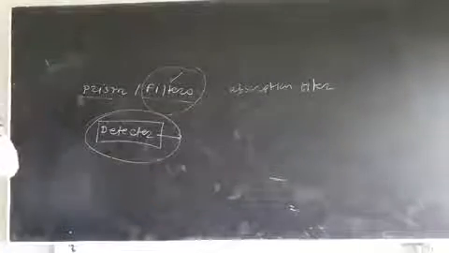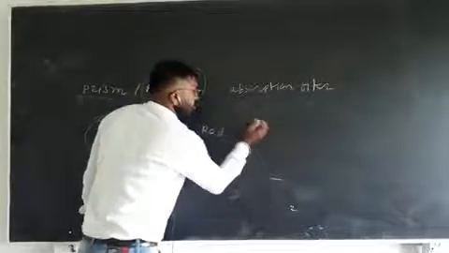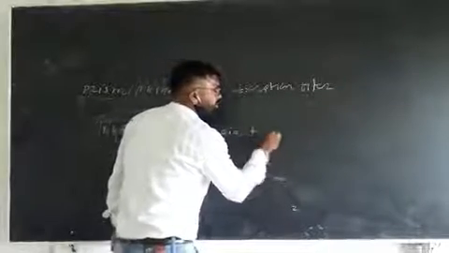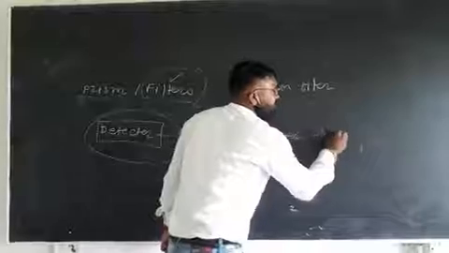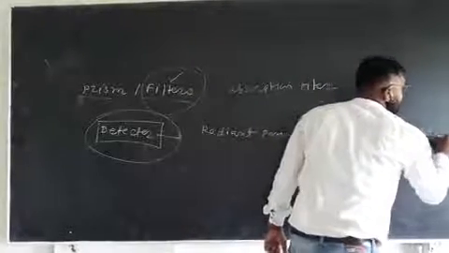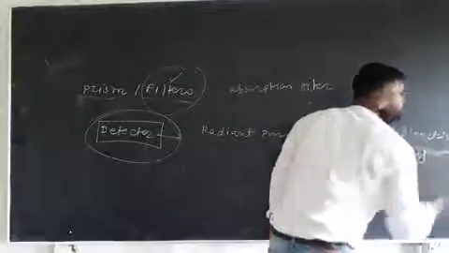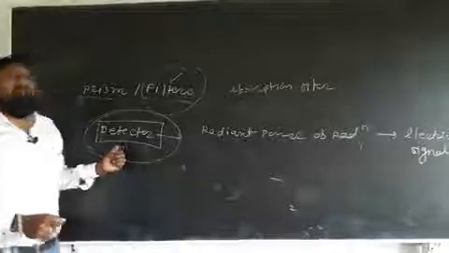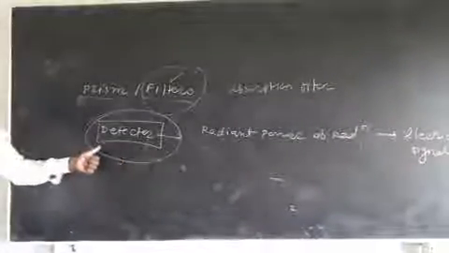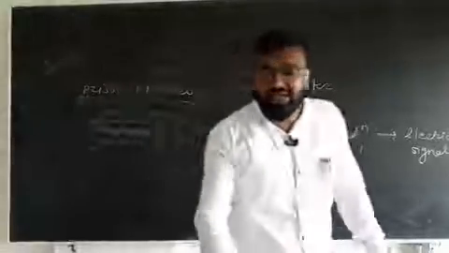The radiant power of the radiation is converted into electrical signals by this detector. This is the main function of the detector. In flame photometry, a photomultiplier tube or phototubes are used as the detector.